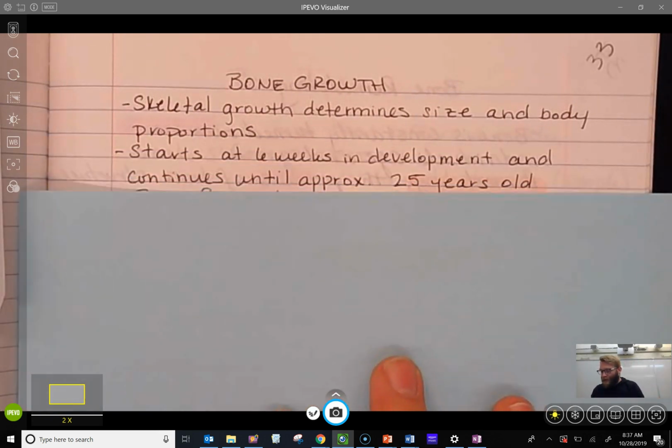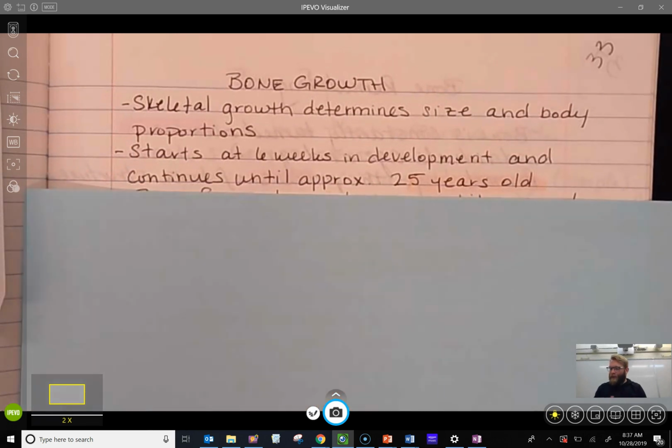So with skeletal growth, generally you start growing the skeleton at 6 weeks within development. So basically while you're in the womb, you're growing your skeleton, and your skeleton will continue to grow and solidify until you're approximately 25 years old. So lucky for you, you might grow that extra quarter inch before you turn 25. Or some of us stop when we are like 12. Okay, so what's happening here is that our body is still changing. There are portions of our body that are continuing to grow.